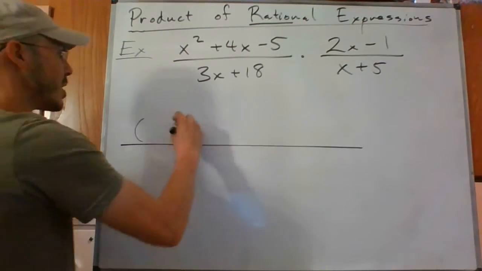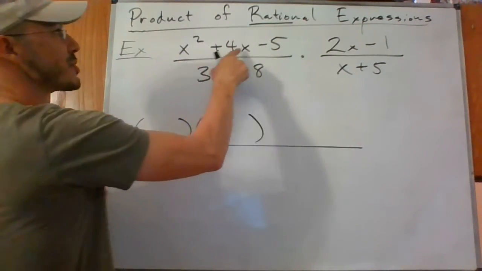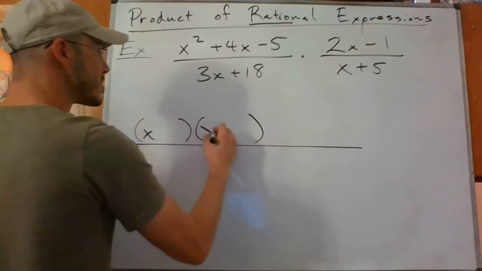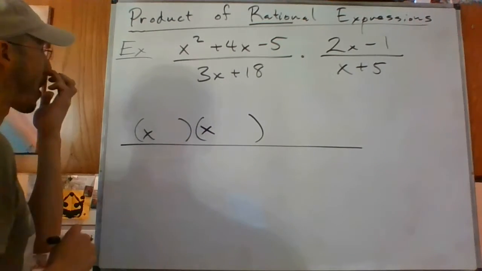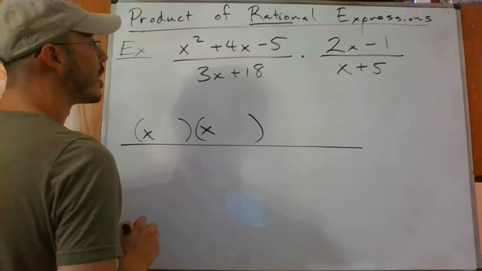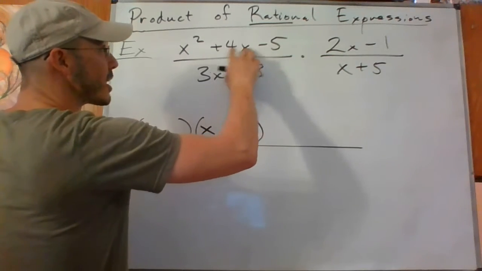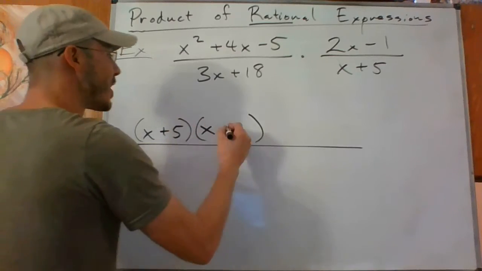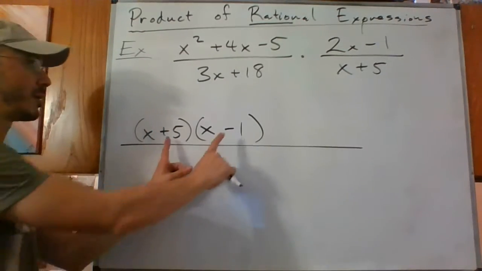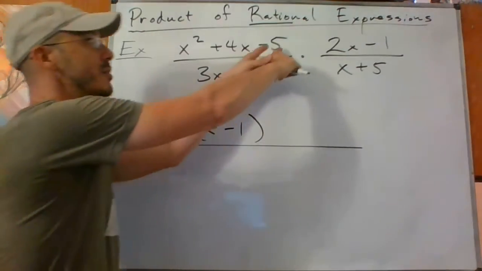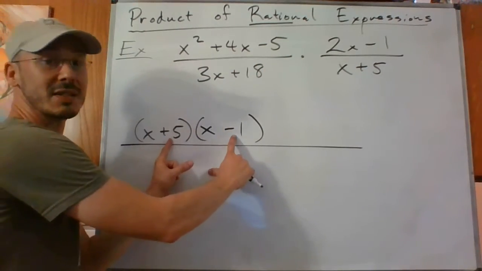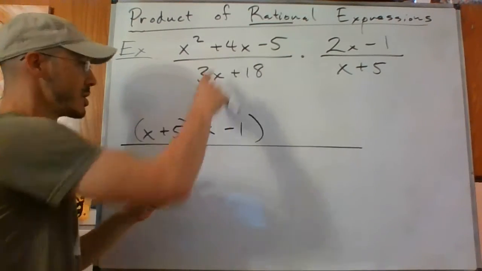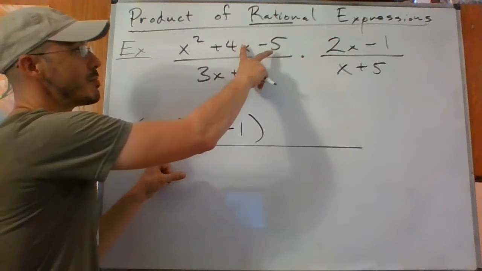I'm going to write x squared plus 4x minus 5 as, I hope this factors, factors of negative 5 that add up to 4. Yeah, they're positive 5 and negative 1. 5 times negative 1 is negative 5, but also 5 plus negative 1 is 4. So that's the factored form of this one.